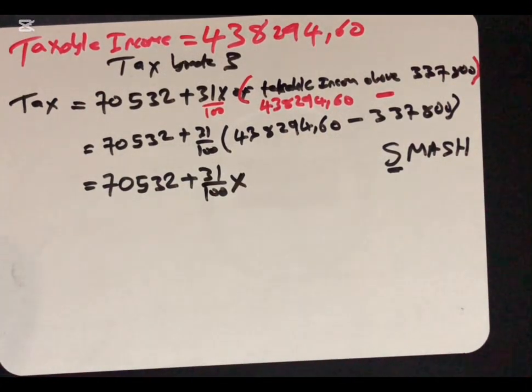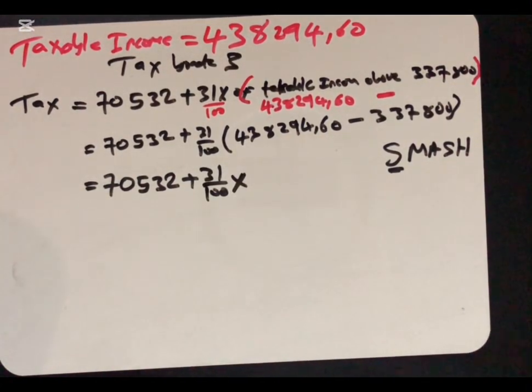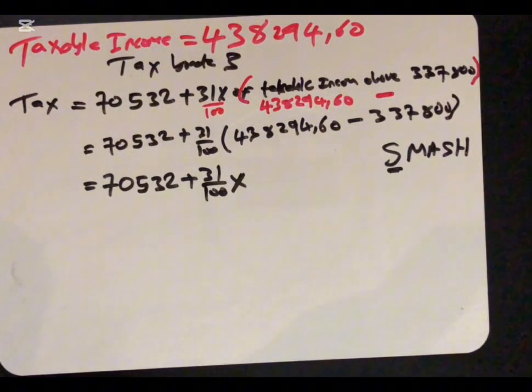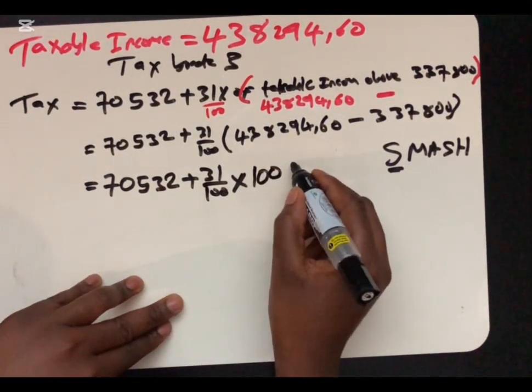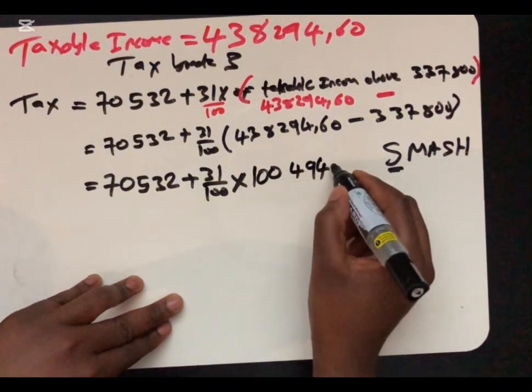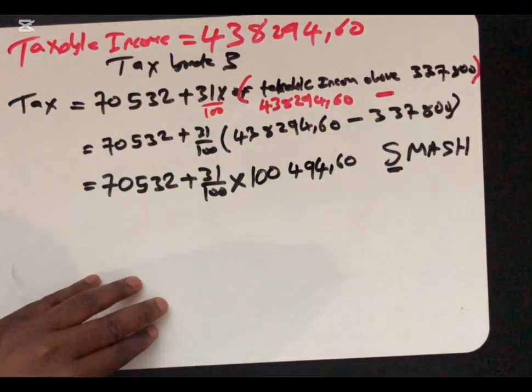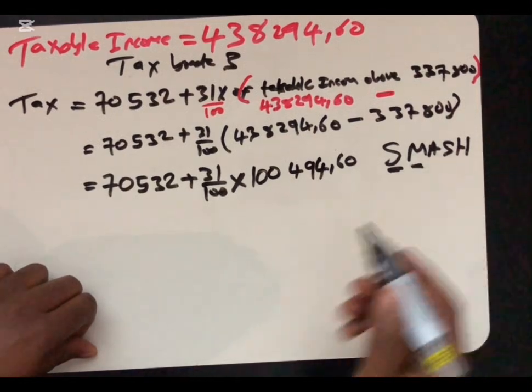Then you use a calculator to find the difference of what is inside the brackets, which is 438,294.16 minus 337,800. Our difference here is 100,494.16.